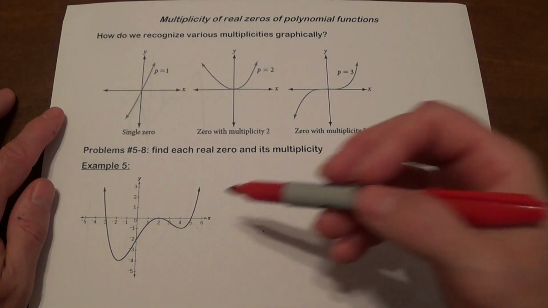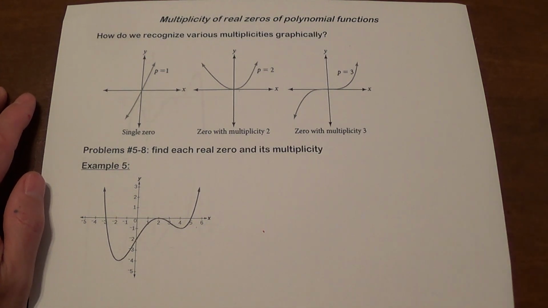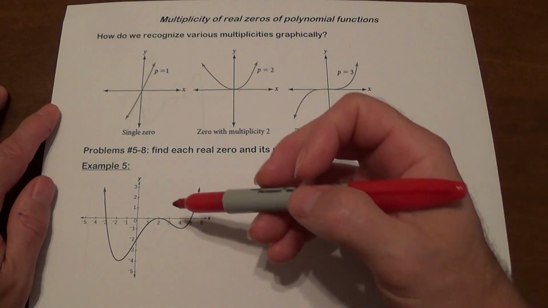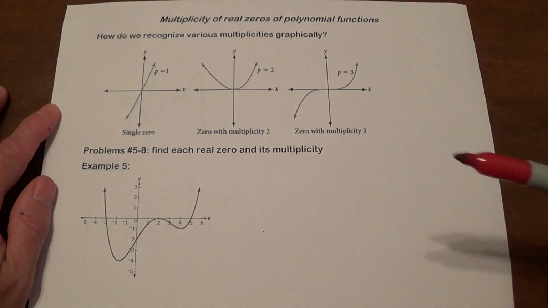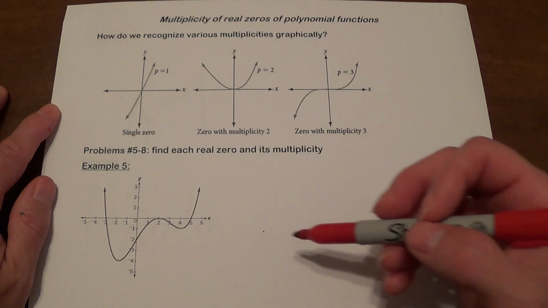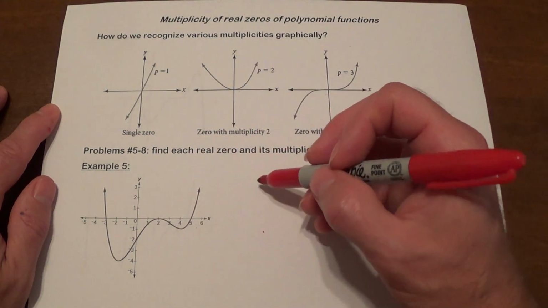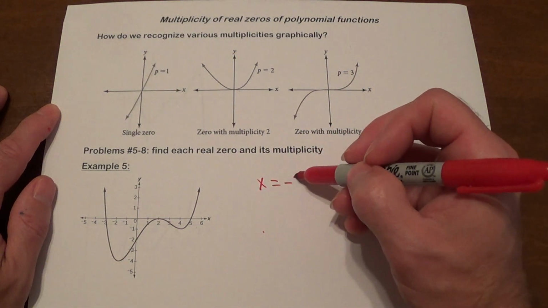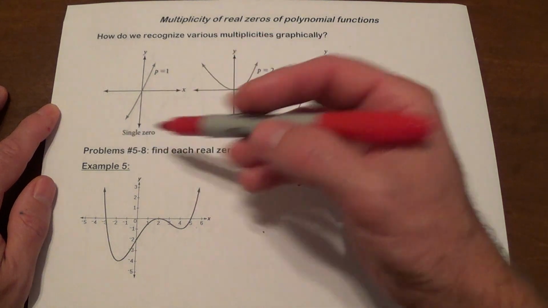So what we want to do with these problems is we want to try to figure out each zero and its multiplicity. So obviously we identify zeros by looking at the points where the graph crosses the x-axis. So we have 1 point here, 1 point here, and 1 point here. So one of them is going to be -3. At -3, the graph simply cuts through the axis.